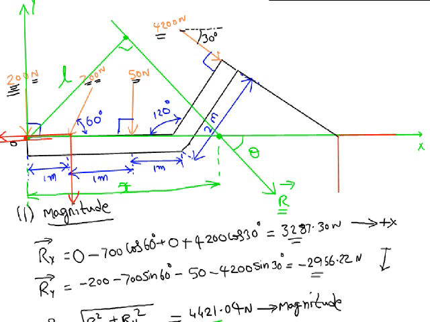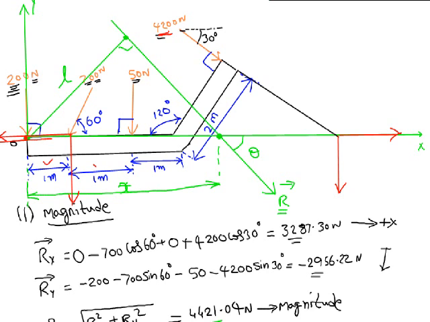This horizontal one is the x component of the force, and it passes through the origin, so it doesn't contribute any moment. The y component, which is 4200 Newtons multiplied by sine 30, will have the moment, and that is acting at a distance.